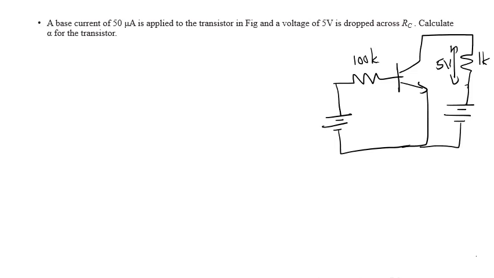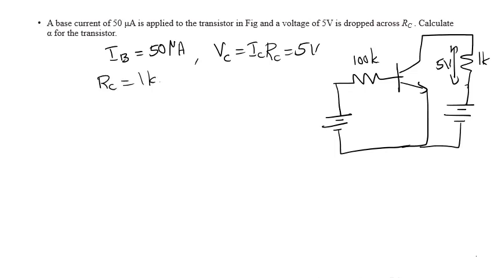The things given are the base current, 50 microampere, and a voltage drop of VC equal to IC RC, that is 5 volt. We know the value of RC, which is 1 kilo ohm. Knowing RC, we can find IC. IC equals 5 divided by 1K, that is 5 milliampere.